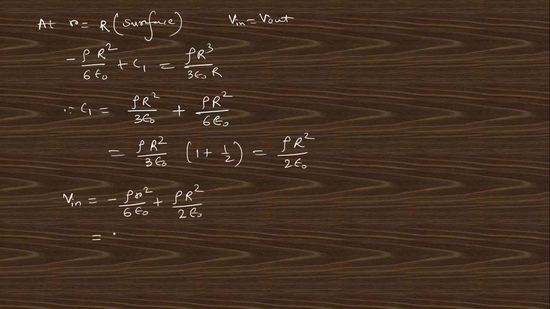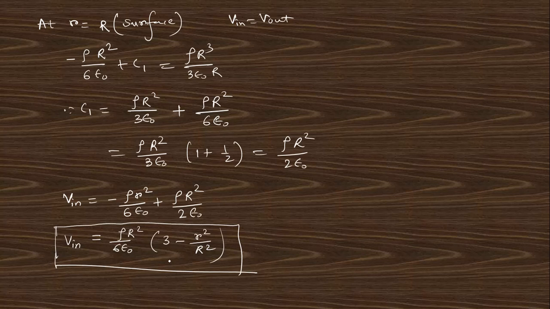So this can be written in this form, that is rho by 6 epsilon naught, times 3 R squared minus r squared. Okay, the inside voltage will be like that. Clear? I think it is clear about the inside voltage, and the outside voltage also.